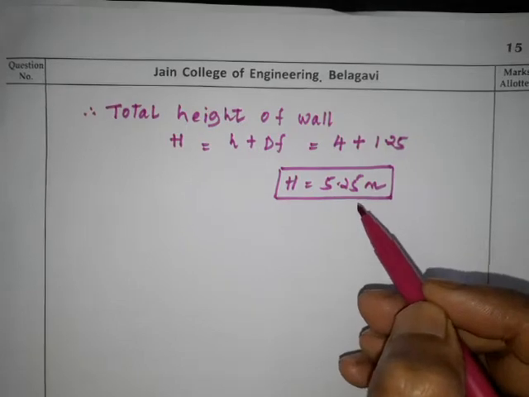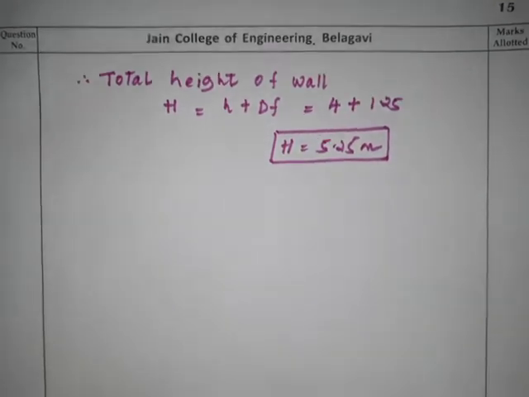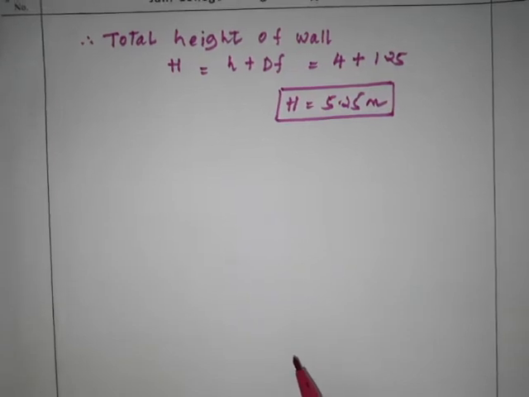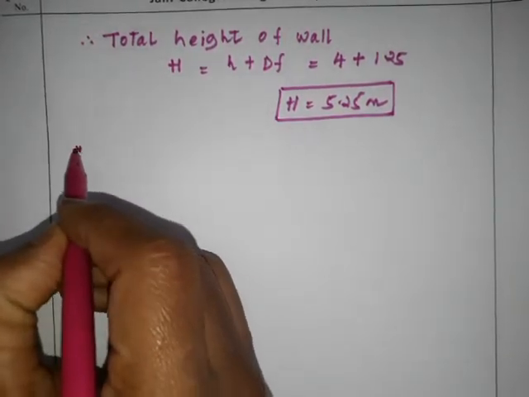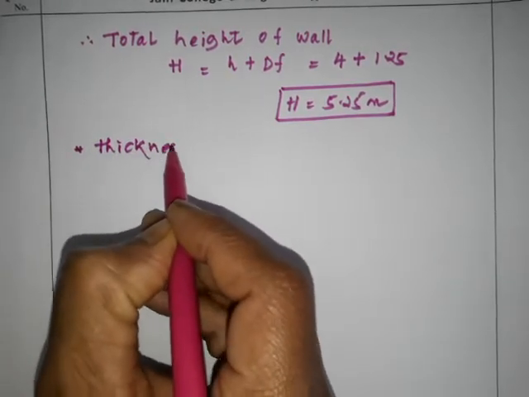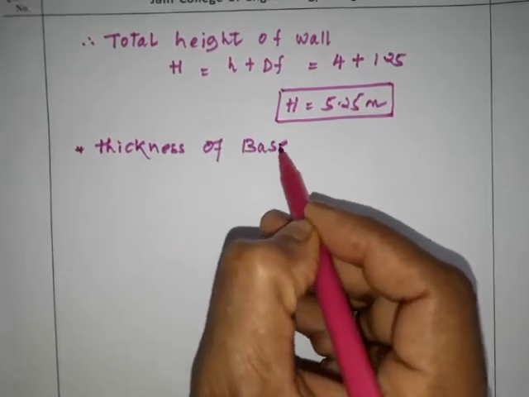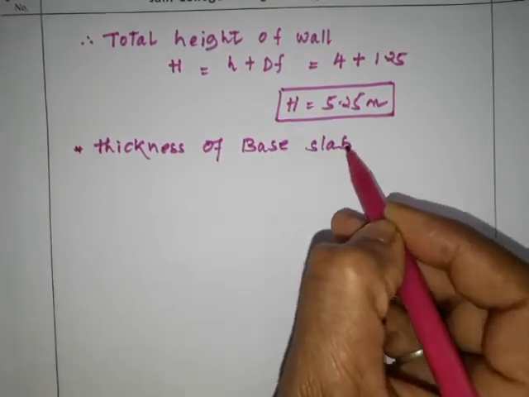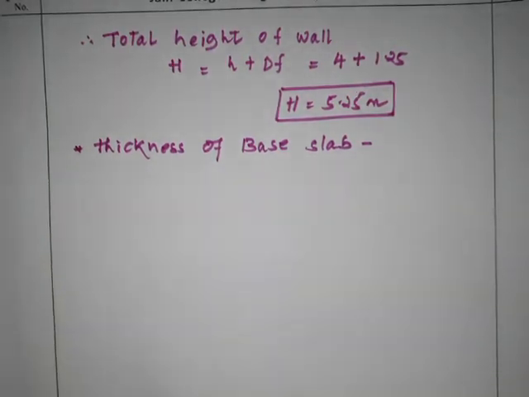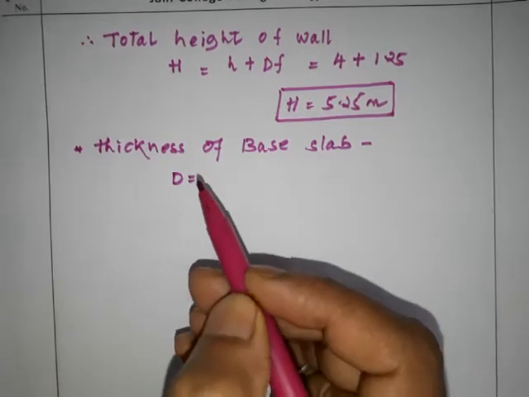So the total height is 5.25 meter. Okay. Then after that, the first dimension we got, that is the height of retaining wall, is 5.25 meter. Then next is thickness of base slab. I will call it as D. So that is thickness or depth.